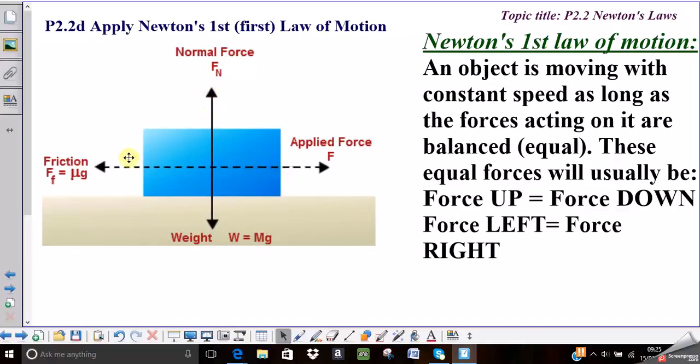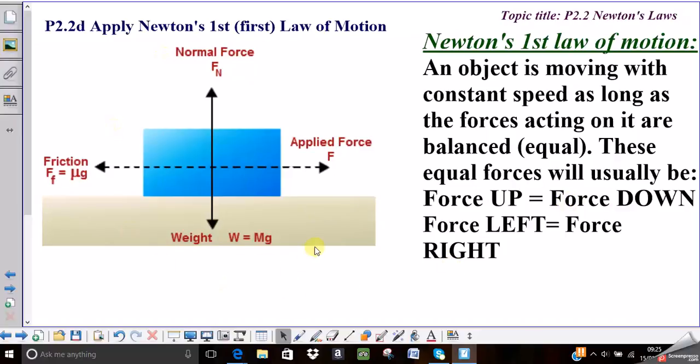In this situation, there must be four forces acting on the object. So we'll have weight going down, normal force going up, applied force to the right, and friction to the left. Now these forces are balanced, so up balances down, left balances right.